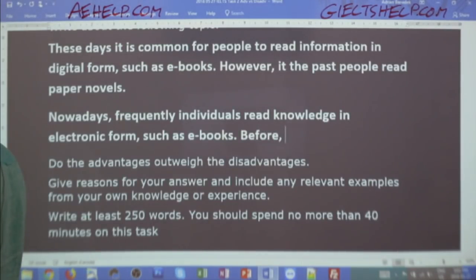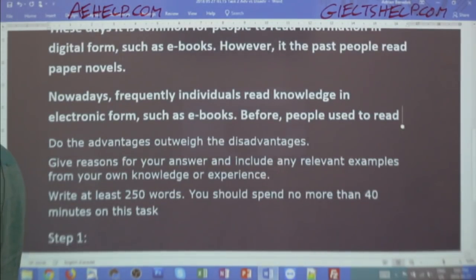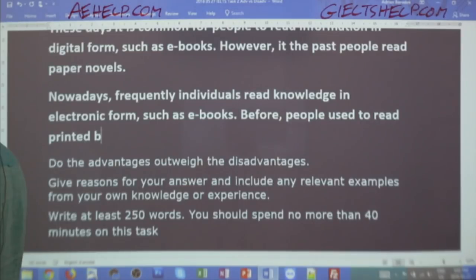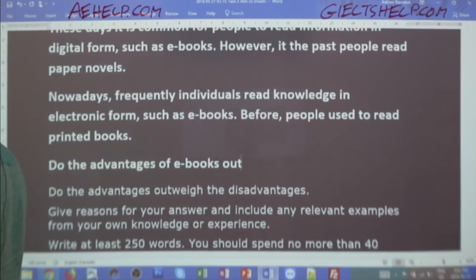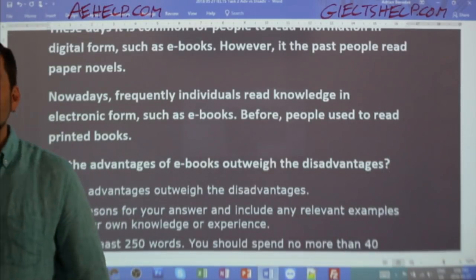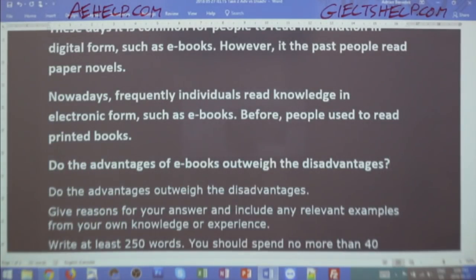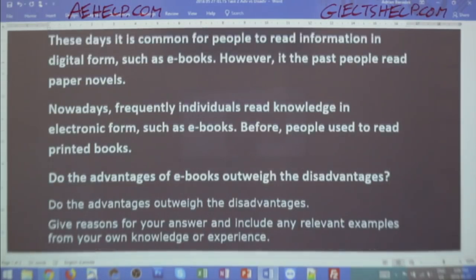Before, people used to read printed books. Okay. Do the advantages of ebooks outweigh the disadvantages? Okay. So that's a paraphrase there for you of the question.